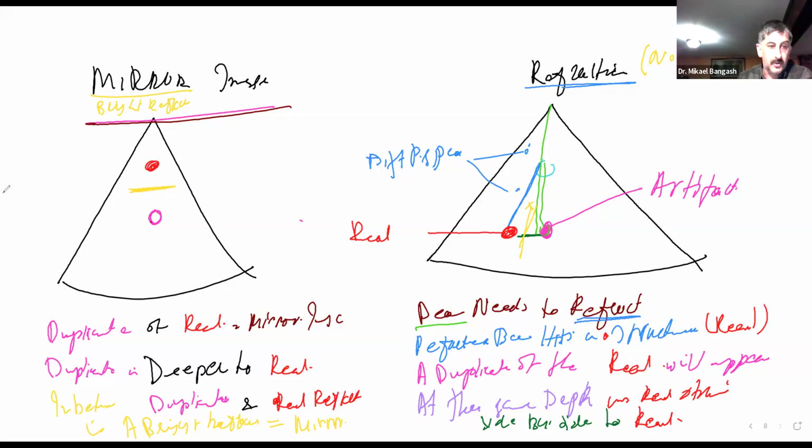Another difference that we also see is that in mirror imaging, the real structure was at a lesser depth, whereas the artifact called a mirror image is at a greater depth.